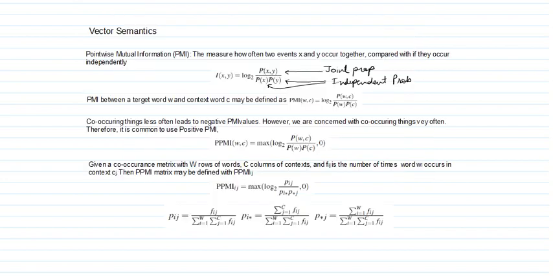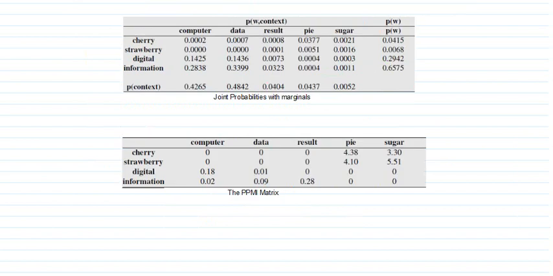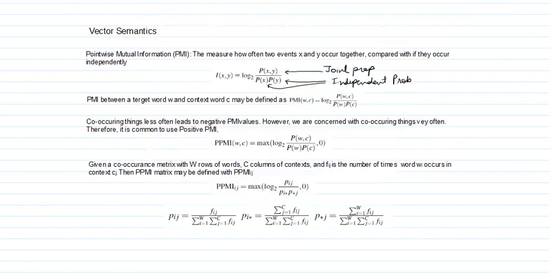So we have this formula. Pij is frequency of a given word divided by the probability of W and probability of C. So this Pij is this P of W comma C, right?